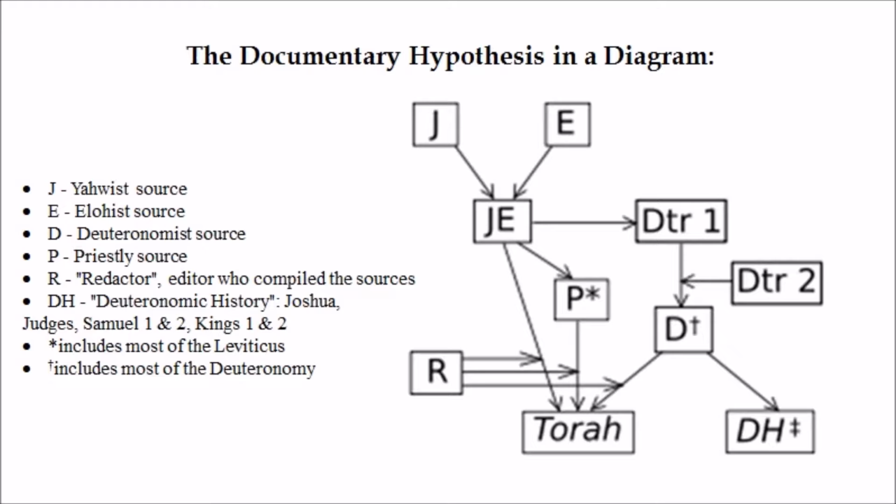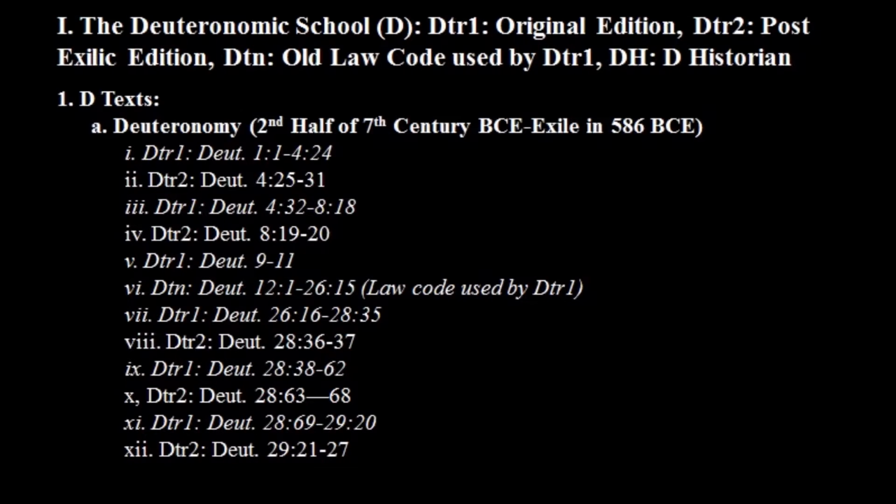Okay? DTR2 is probably the second edition of Deuteronomy, that could be as late as after the Babylonian exile. And then there is something called DTN, which is the law code in Deuteronomy, that pre-exists Deuteronomy and was added to Deuteronomy by DTR1.